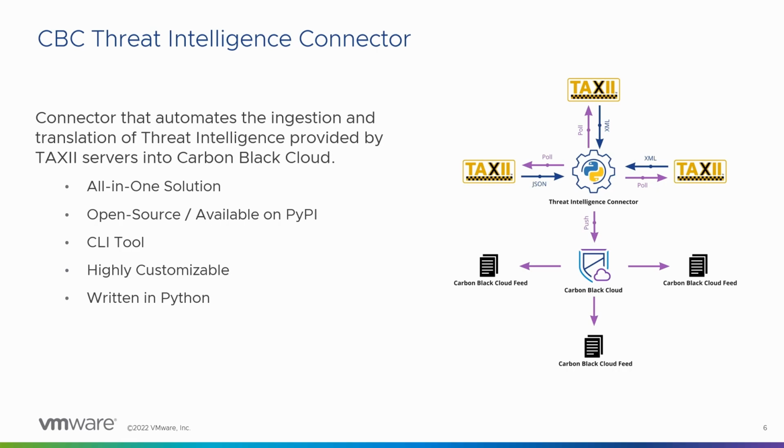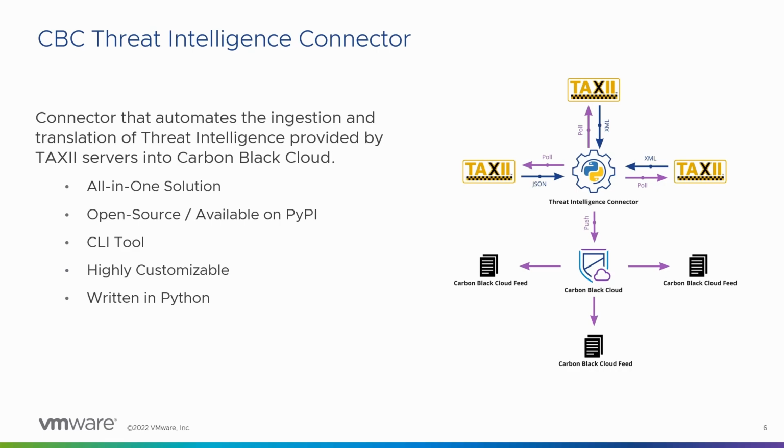On the right, you can see the TAXII server is returning XML. So the threat intelligence connector can process both JSON and XML, which correspond to the STIX version. In the case of XML, it is STIX 1, and in the case of JSON, it's STIX 2. So the connector supports both of those versions. And then the connector translates that STIX information into the Carbon Black Cloud.